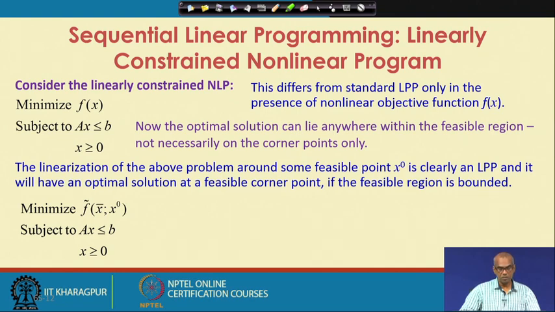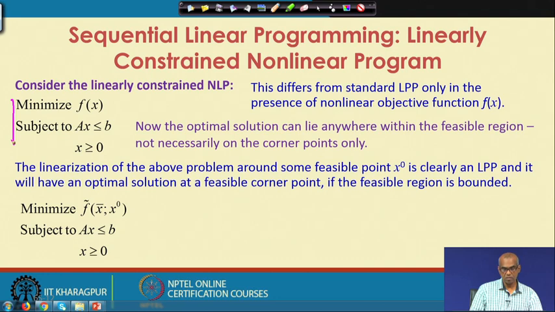The linearization of the linearly constrained nonlinear programming problem around some feasible point x_0 is clearly a linear programming problem, and it will have an optimal solution at a feasible corner point, provided the feasible region is bounded. So, this I have as linearly constrained nonlinear programming problem.